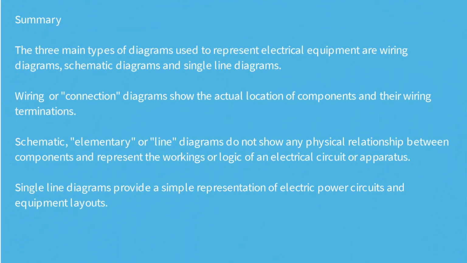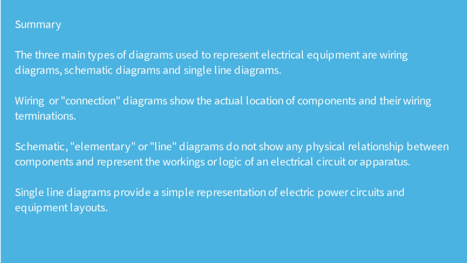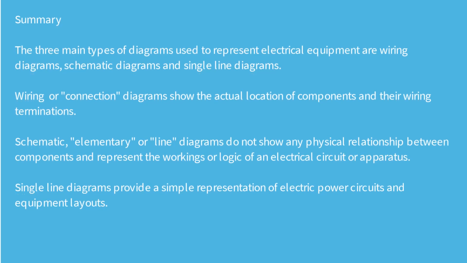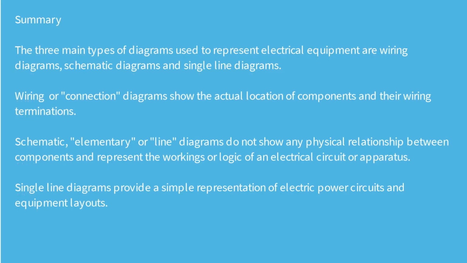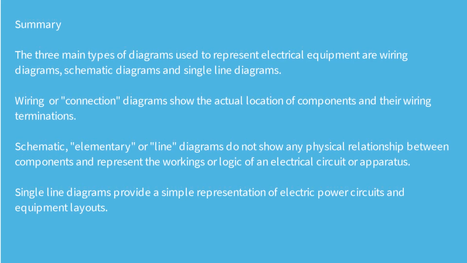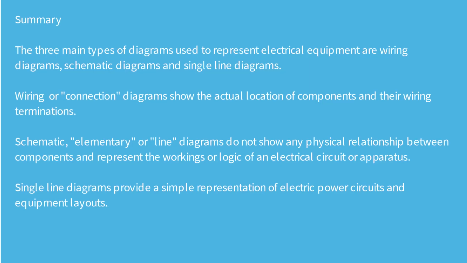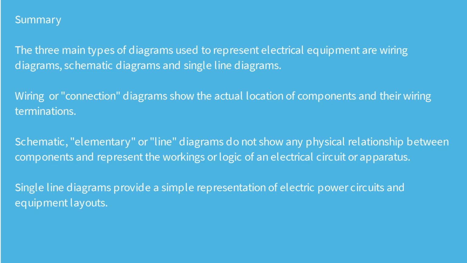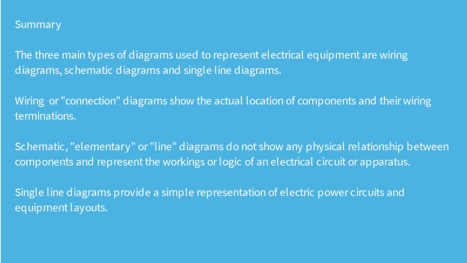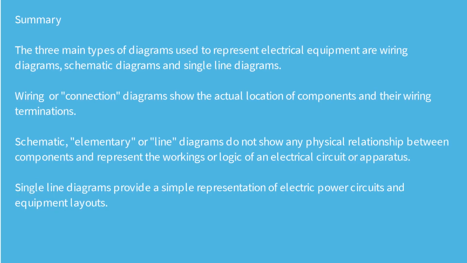Summary: the three main types of diagrams used to represent electrical equipment are wiring diagrams, schematic diagrams, and single line diagrams. Wiring or connection diagrams show the actual location of components and their wiring terminations.